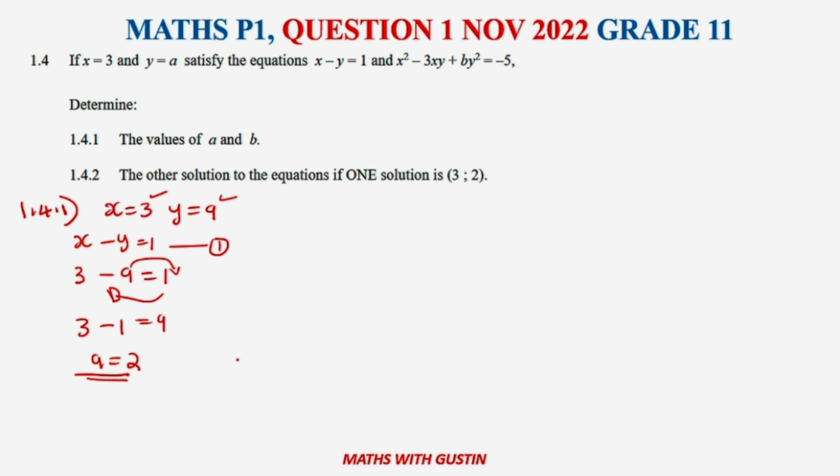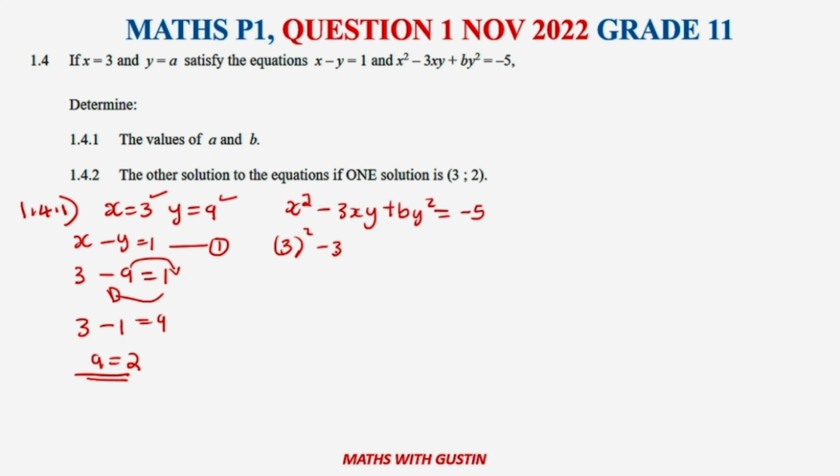Let's move right along and come here and solve for b. So we're going to solve for b using equation number 2. Equation number 2 says x squared minus 3xy plus by squared is equal to negative 5. We already know x is given to us, x is equal to 3.